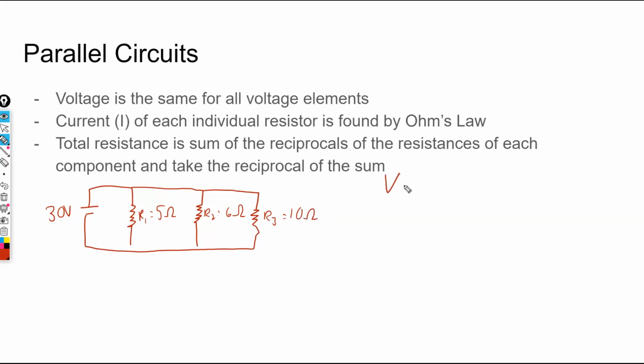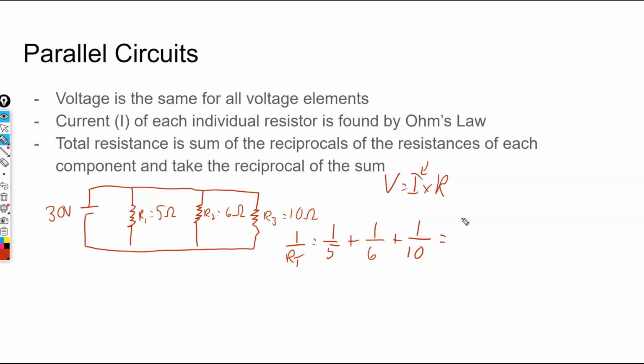So again, we're using V equals I times R to find the current, I. Let's find the total resistance first. So we'll do 1 over RT equals 1 over 5, our first resistor, plus 1 over 6, our second resistor, plus 1 over 10, our third resistor.